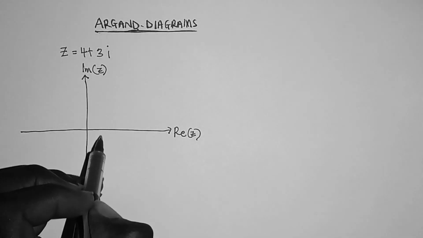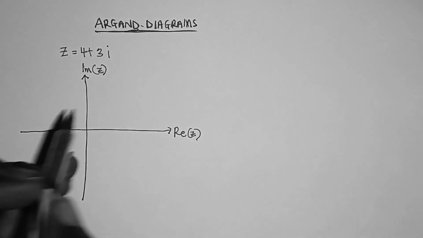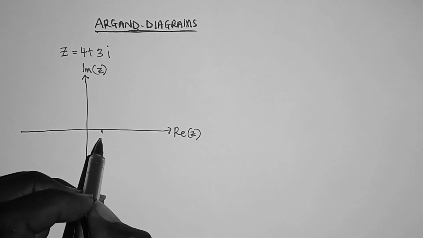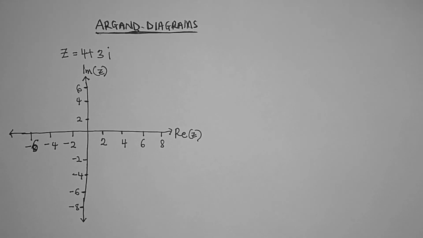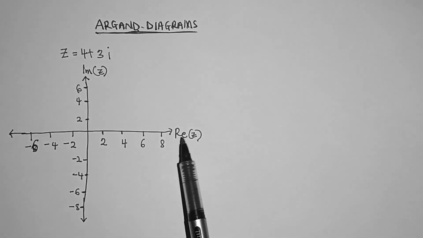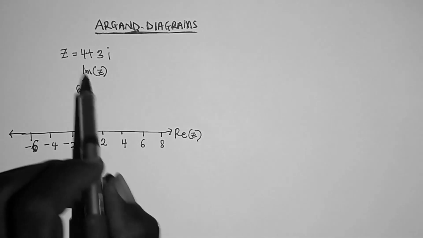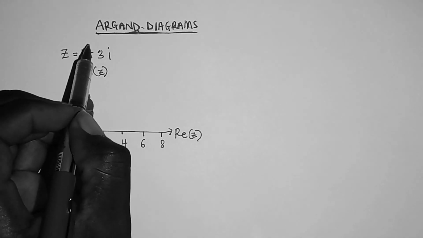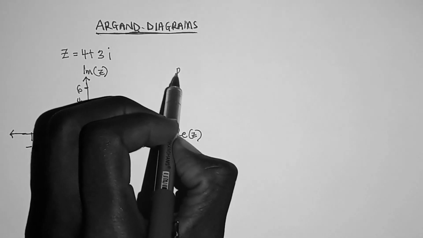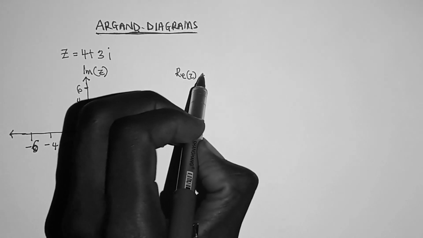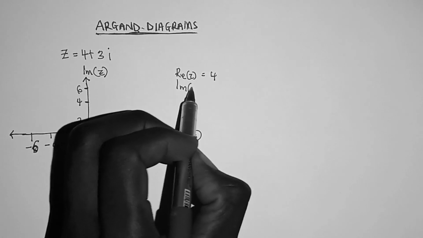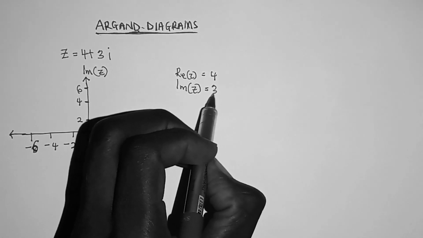So let's assume we are using a scale of 2 units on both sides. So let's consider this Argand diagram. With reference to this complex number, the real part of z is equal to 4, and the imaginary part of z is equal to 3.